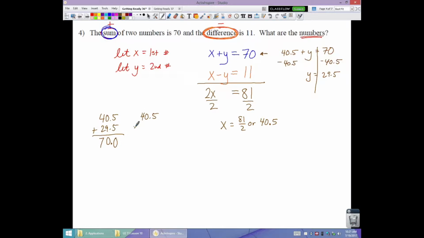What is 40.5 minus 29.5? That's supposed to be 11. It is. So it checks out. They work. So the numbers are 40.5 and 29.5.